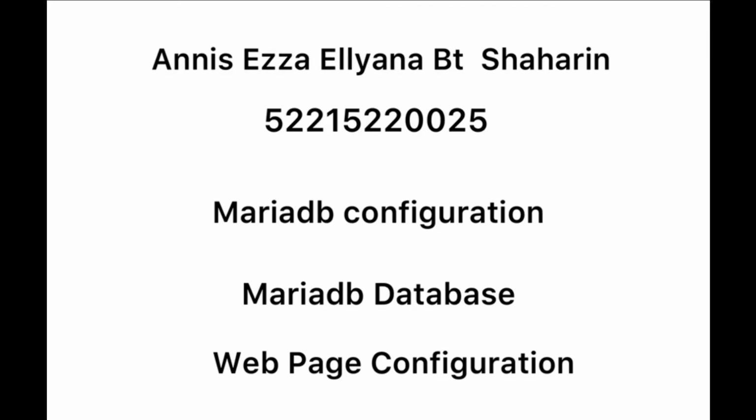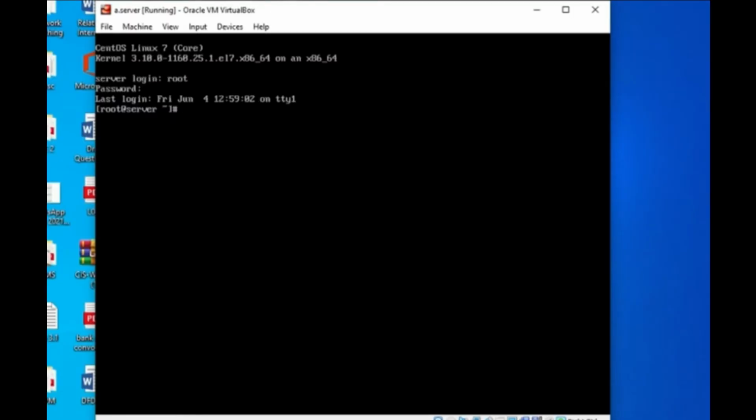Okay, today I'm going to show you guys how to configure MariaDB. Okay, first of all, what you have to do is install MariaDB using the command yum install mariadb.